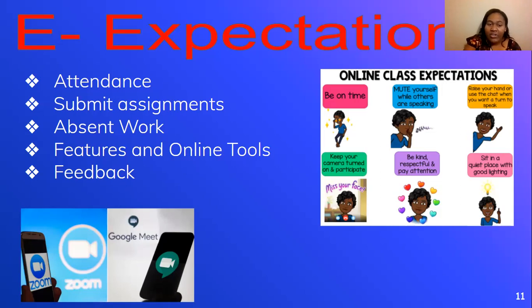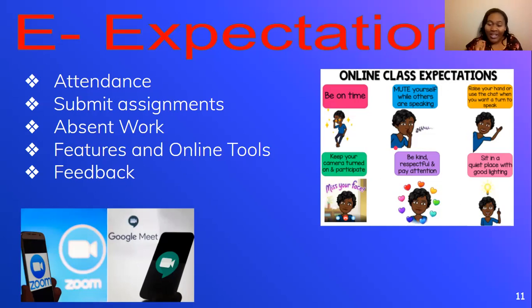And teachers, we also have to think of the expectations for the actual class. Here, I use my Bitmoji, and here are some different expectations you can implement in your classroom. Students need to be on time to the Zoom or Google Meet sessions.